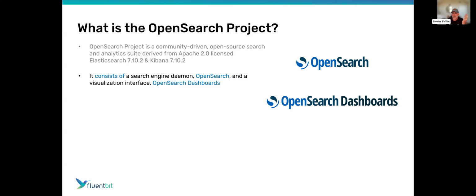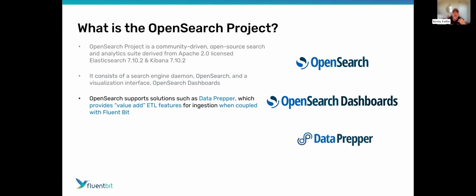So in the end, with a combination of OpenSearch Dashboards and DataPrepper, we have a solution that can interface with open source agents, such as the stuff that is found in Fluent Bit or in Fluentd. All of those have a very purpose-built output plugin, which was introduced probably about 2 years ago, Anurag, I believe. Yeah, it's built specifically for OpenSearch.